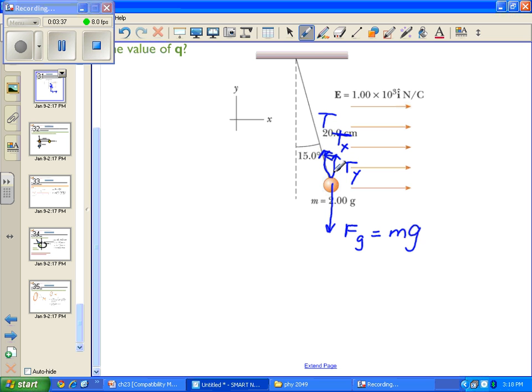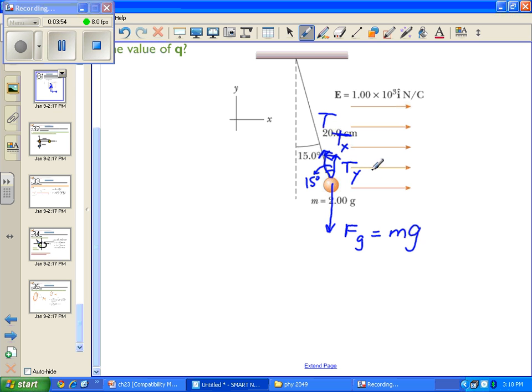One other thing here, we want to just make a note. This is a right triangle, even though it doesn't look like it. This is a 15-degree angle because the string makes a 15-degree angle with the vertical here and a 15-degree angle with the vertical here.